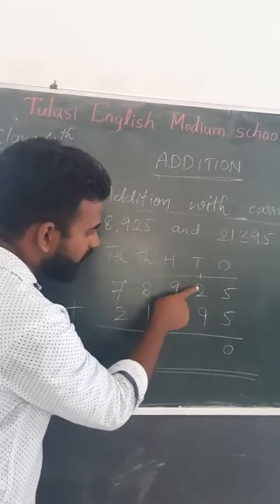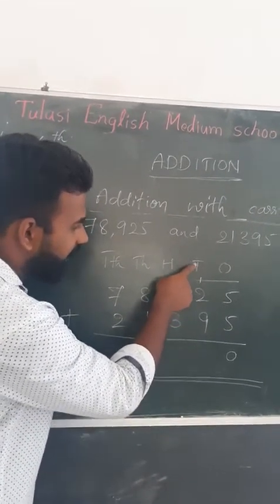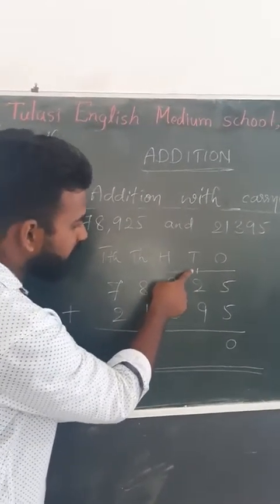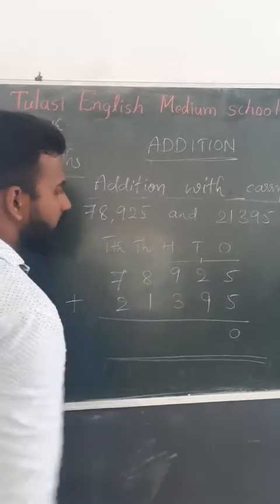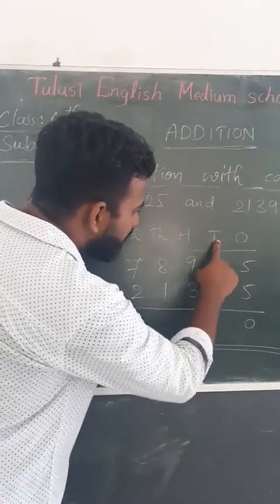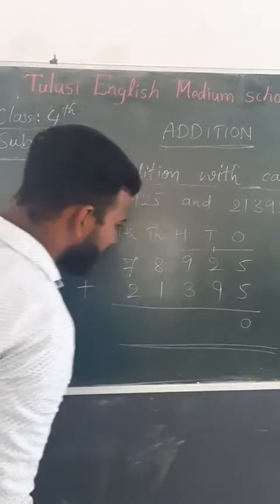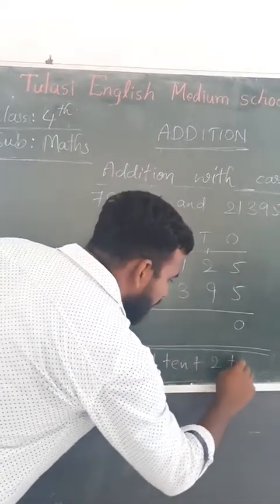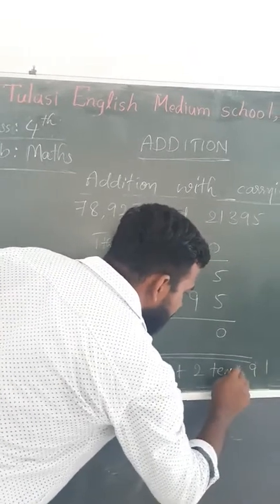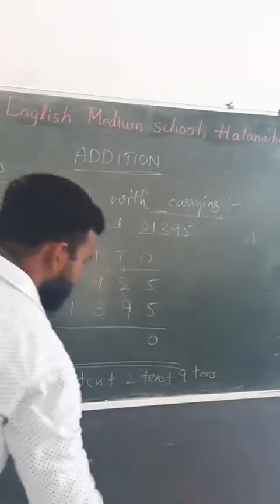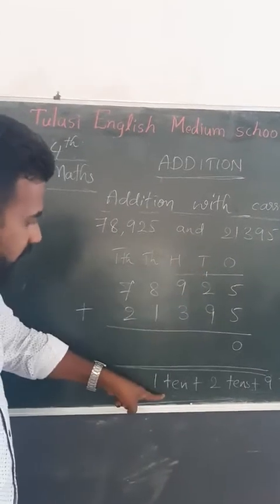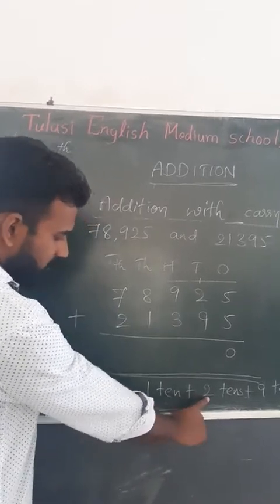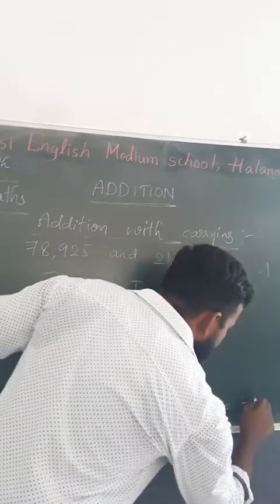Now 1 ten plus 2 tens plus 9 tens. 1 plus 2, 3. 9 plus 3, 12 tens.